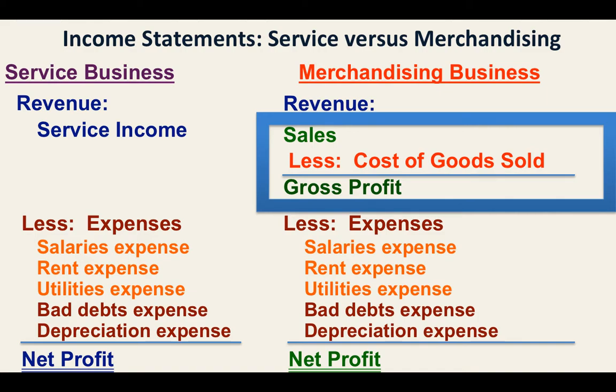Okay? Again, class, I would like to emphasize that in merchandising business, the basic income statement is presented as sales less cost of goods sold will give you your gross profit, less expenses will give you your net profit. Next slide, please.